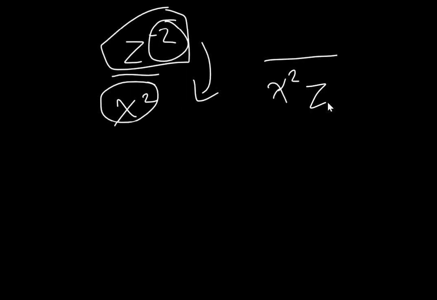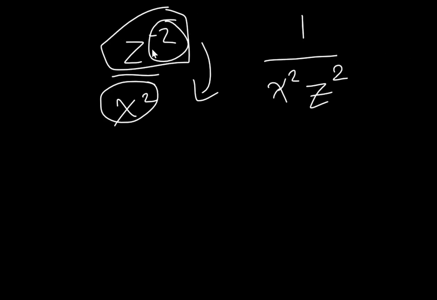Then we just change it to a positive, z to the second. And since there's nothing on the top, you need to put a 1. You move this to the bottom, not this to the top. There's nothing on the top, not nothing on the bottom. That's probably what you missed.